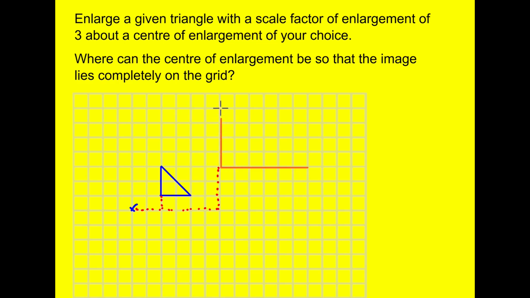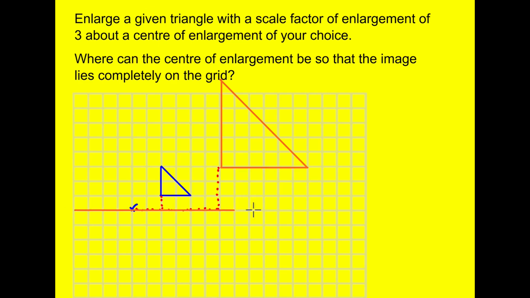And oh no, it doesn't quite fit on the grid. So actually that one there is not going to be a possible point. I can see it doesn't work. And actually anything along here, I'm defining a region.